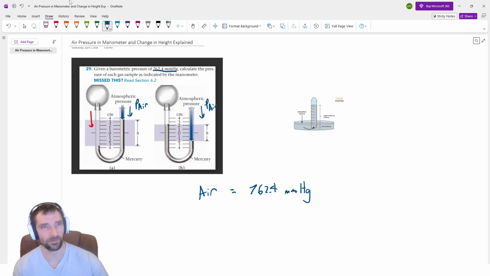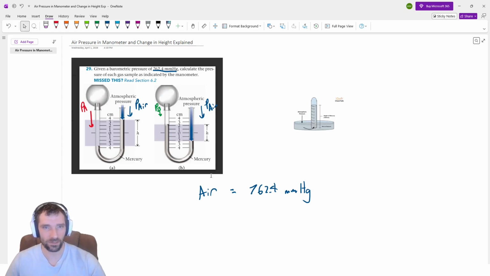Then we're going to have the situation B, and that air pressure is pushing down less than the air pressure. So that is going to be a slightly lower number. So that concept check is pretty important in terms of trying to relate these pressure values.